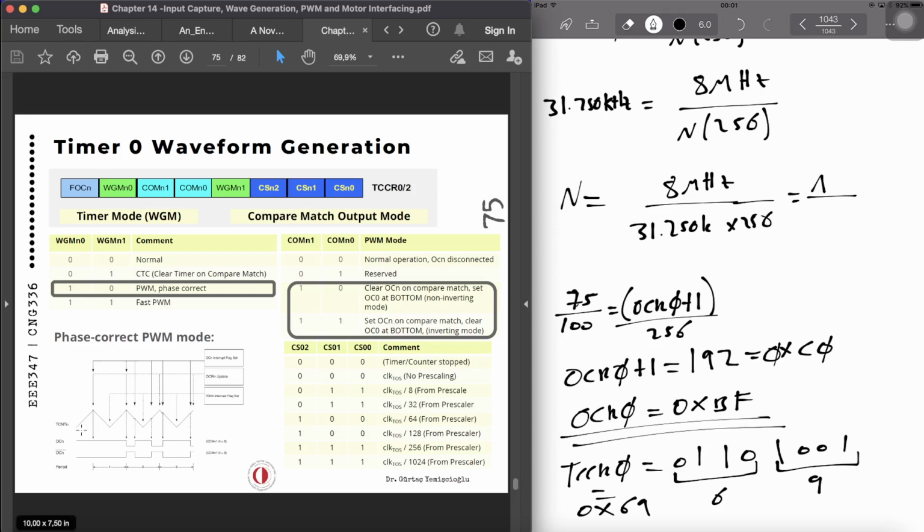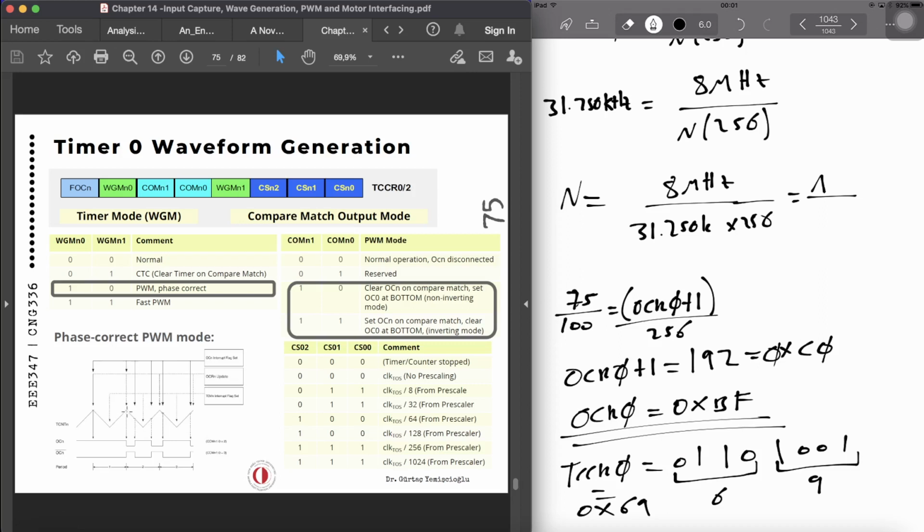Now, if we look at over here, OCn inverted, so we start to count up to FF, okay? So when we reach this point, as you can see, without any compare match, we know that nothing is going to happen. So what will happen? OCRn will be updated and interrupt flag will be set. Then we go down and then timer overflow interrupt flag will be set.